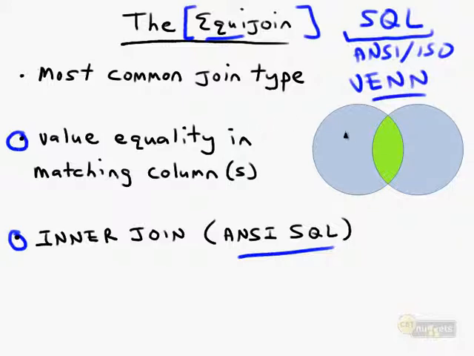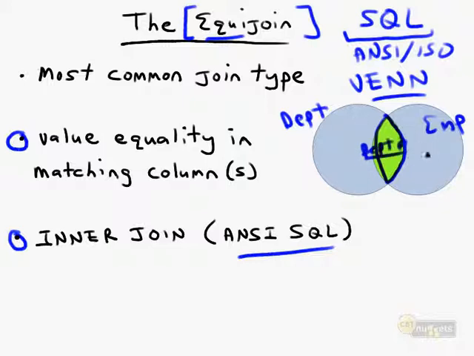Venn diagrams are useful for logical things like joins. They're also used in psychology, interestingly enough. But what you see here, and we've actually done this in the previous whiteboard, we had the department table on one side and we had the employee table on the other. And what joined or linked those two tables was that matching dept ID column that you'll remember.